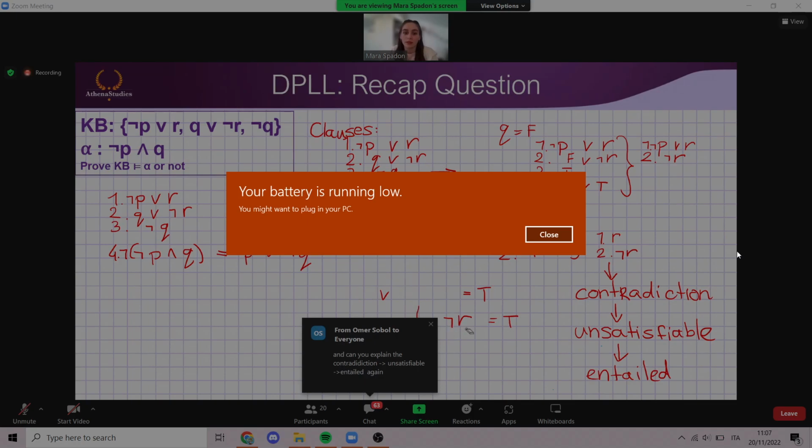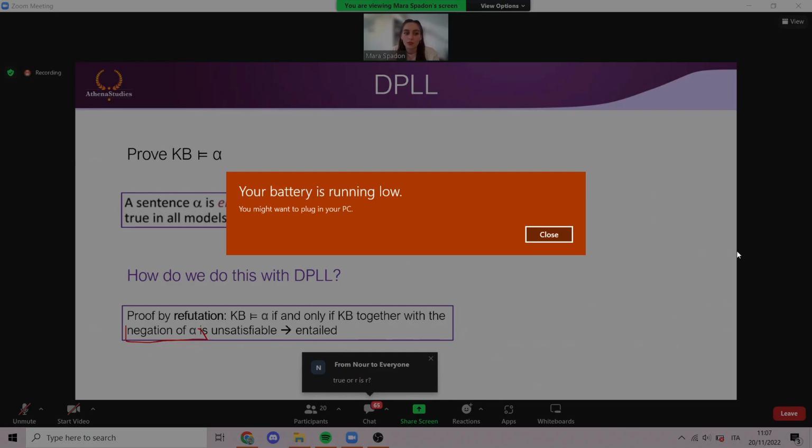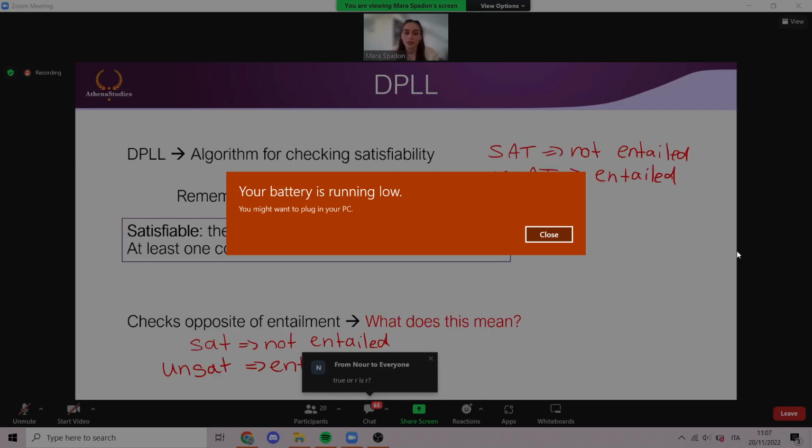Yes. Okay, so the way that Anne did it was perfect. This is our answer. So why is satisfied not entailed and unsatisfied entailed? It is because DPLL checks for satisfiability, and satisfiability is the opposite of entailment. So that is literally just why it is how it is.